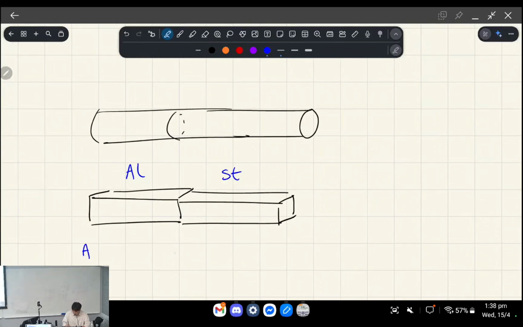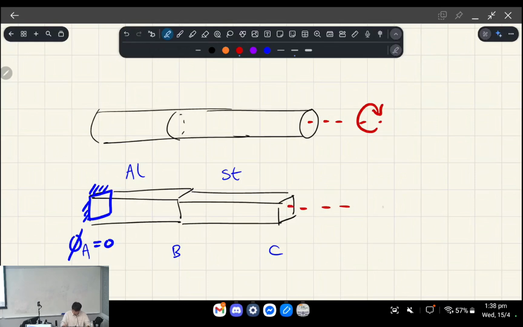Let's talk about these in terms of points A, B, and C. The idea is the cross-section at A has zero twist because this is fixed. So we know the twist at A is 0. That's like our starting point. If we apply a torque, it's counterclockwise, isn't it?